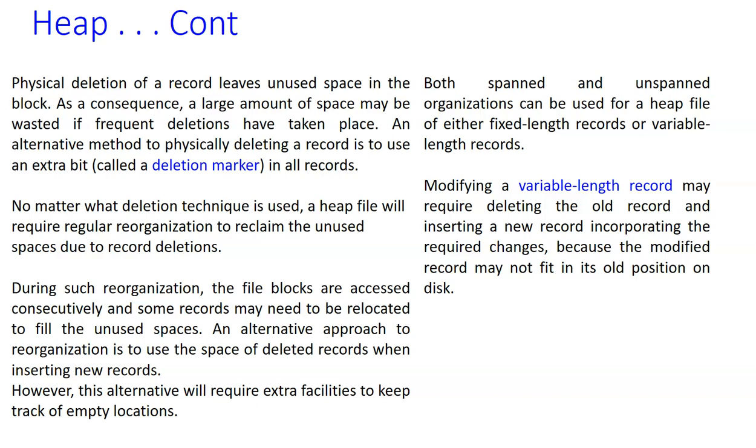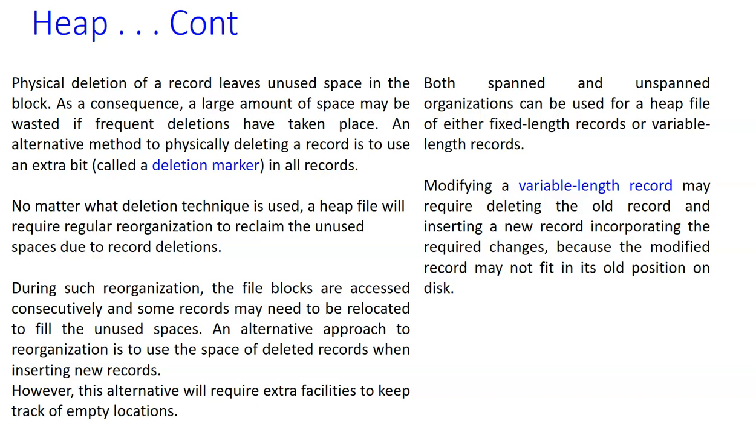But if you're going to do this, this approach requires you to have extra facilities, and this extra facility will have to keep track of all the empty slots that were deleted from the disk. So both the spanned and unspanned organizations can be used for a heap file.